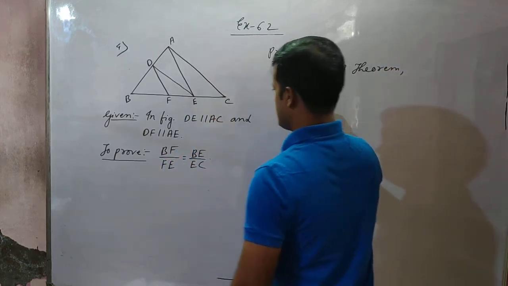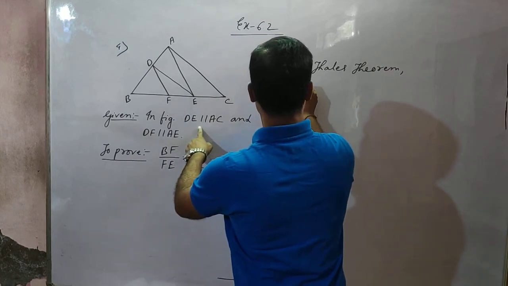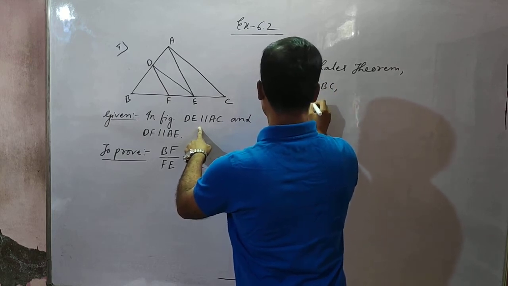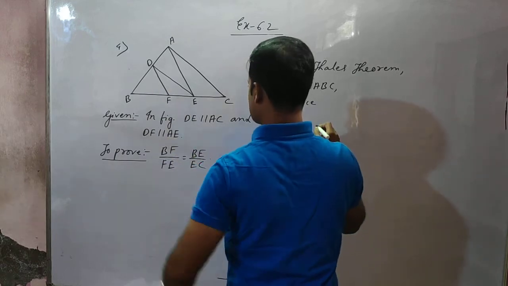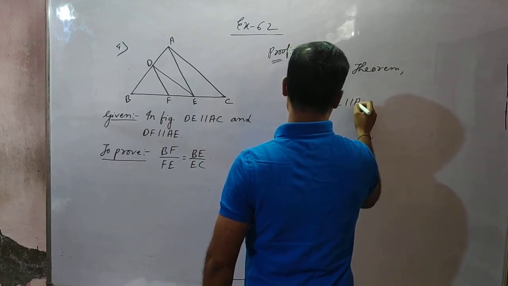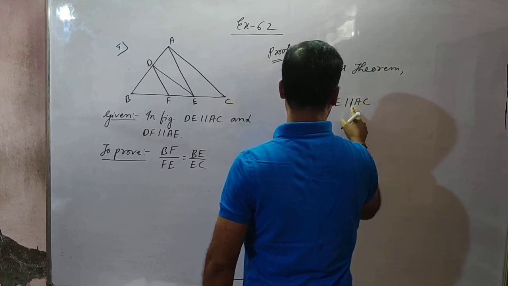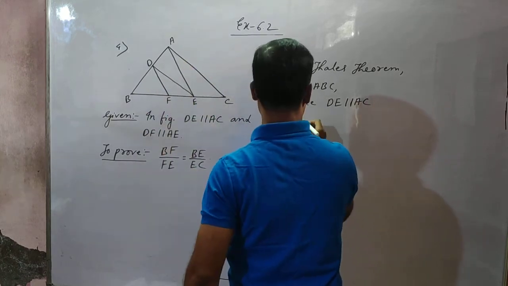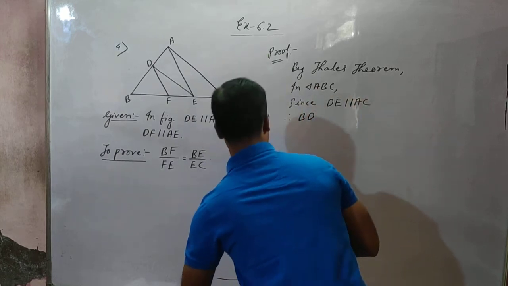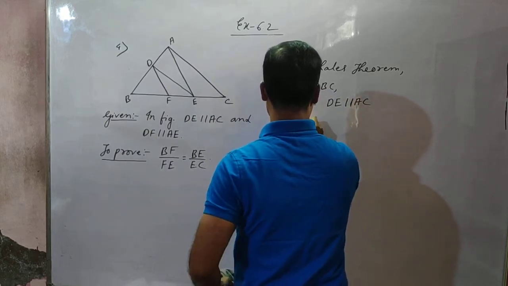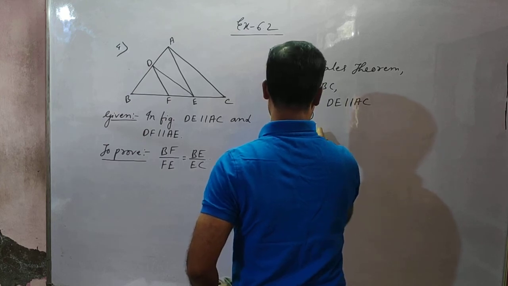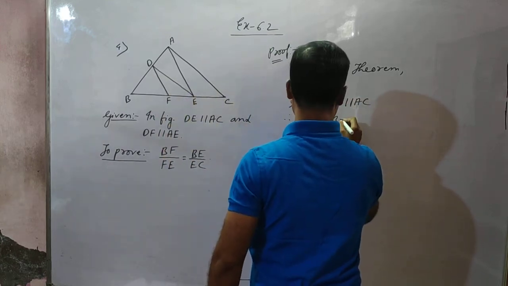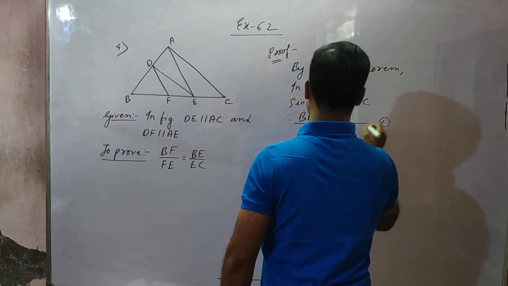Now in triangle ABC, since DE is parallel to AC, therefore BD by DA is equal to BE by EC. Marking number 1.